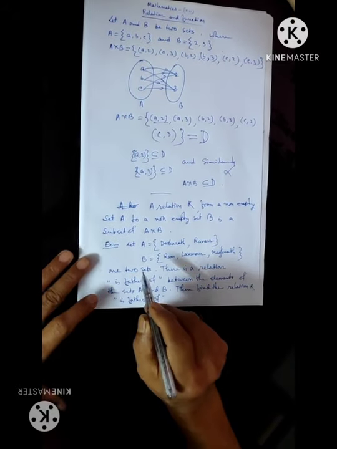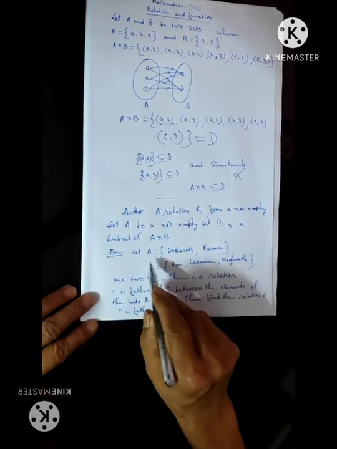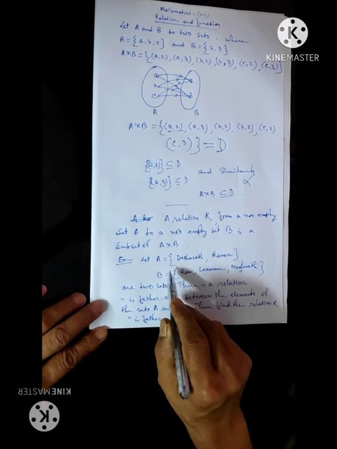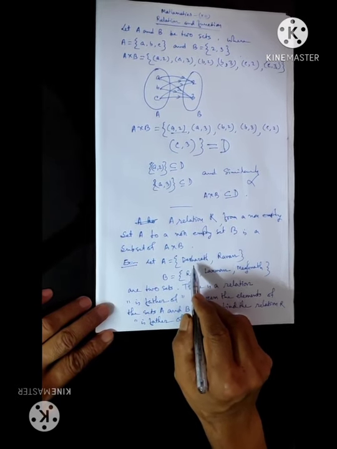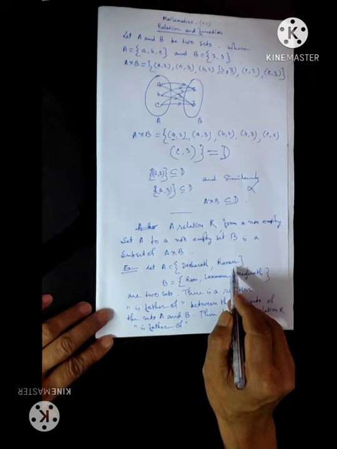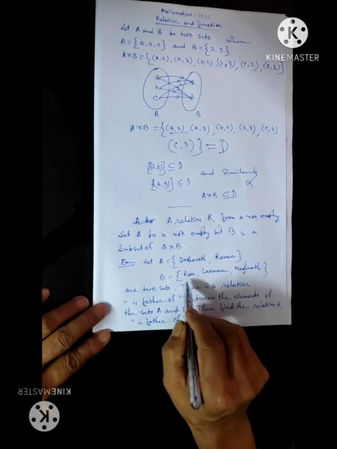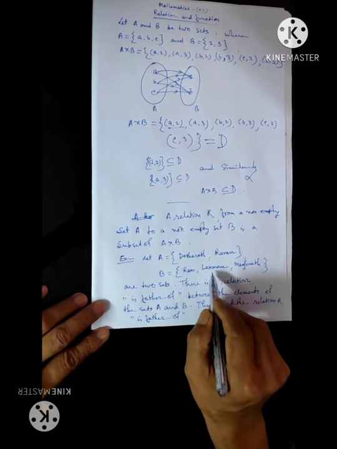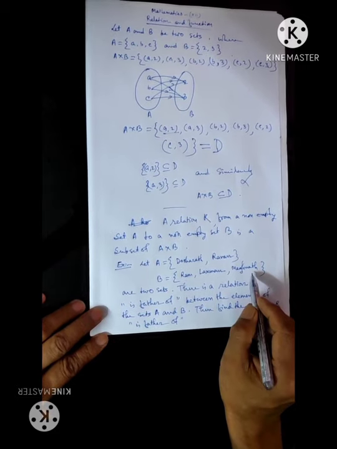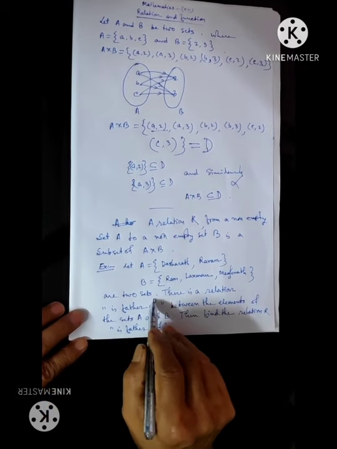Let us see an example. Let A be the set whose elements are Dasarath and Ravan. B's elements are Ram, Lakshman, Meghnad. These are two sets.